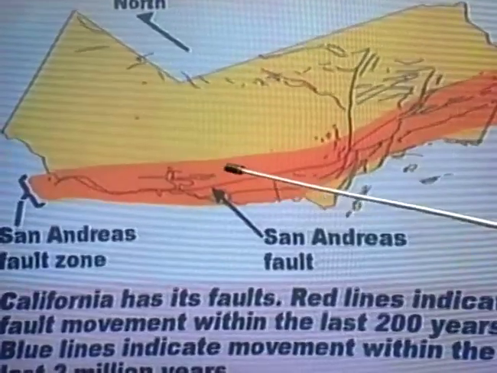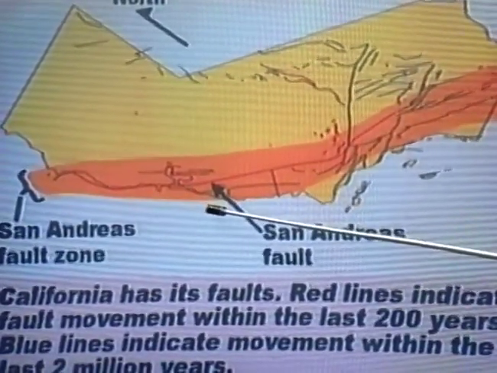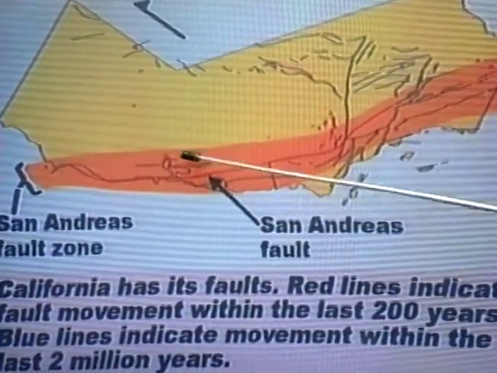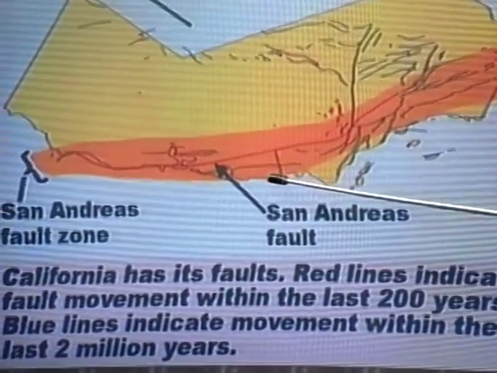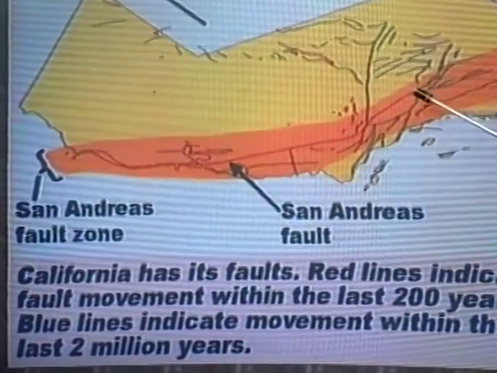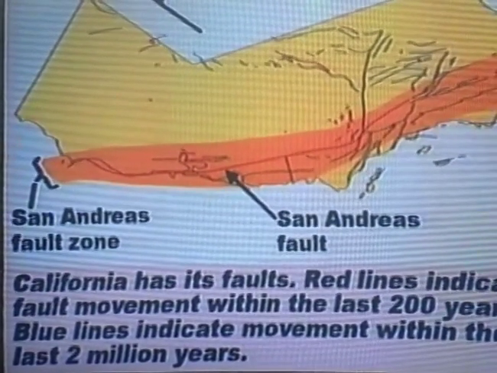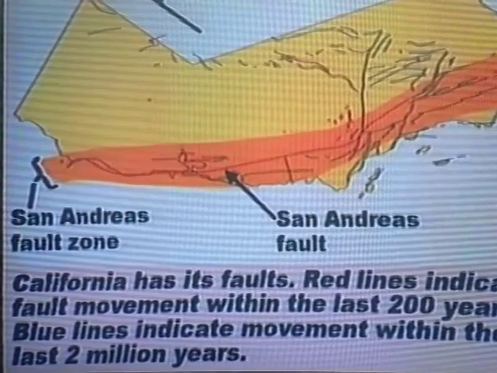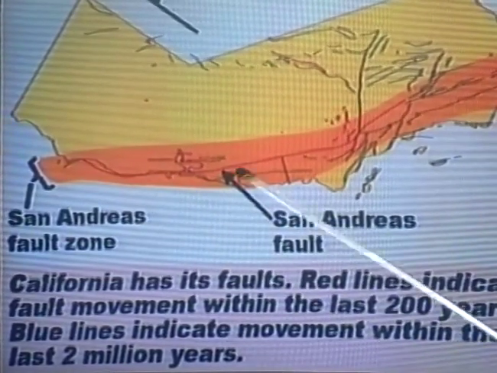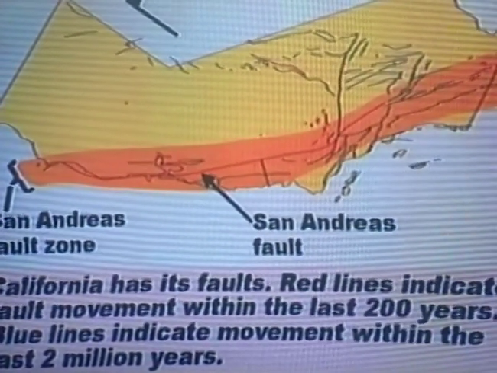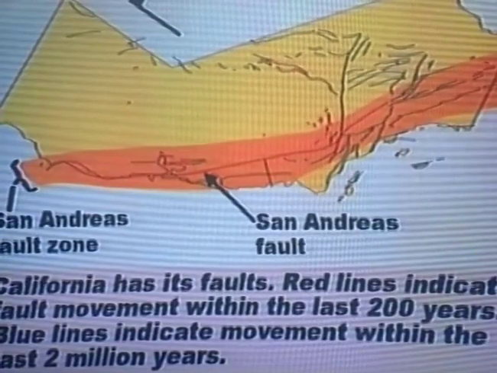The orange area here represents about 100 kilometers wide, and the system is 1,300 kilometers long. Within that system comes the famous San Andreas Fault, which is just one of the fault lines found within that system.